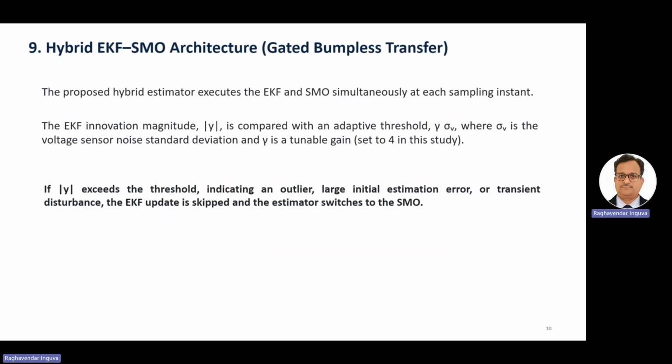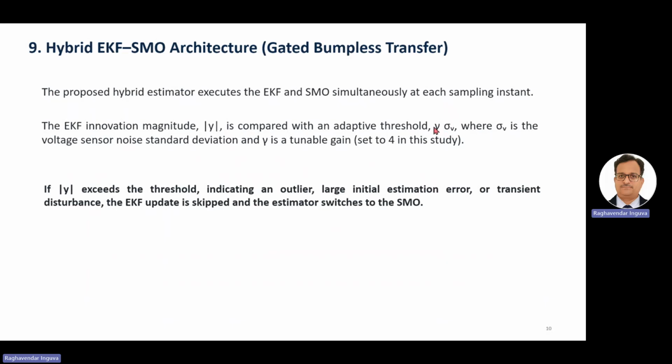Then the hybrid EKF and SMO architecture for gated bumpless transfer. The proposed hybrid estimator executes EKF and SMO simultaneously at each sampling instant. The EKF innovation magnitude, mod y, either plus or minus, is compared with the adaptive threshold gamma rho v.